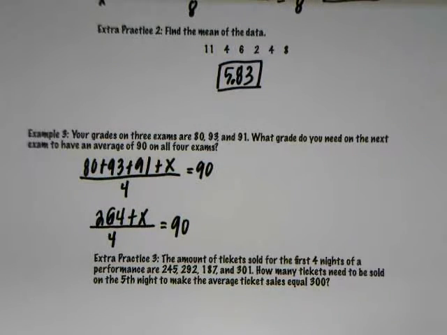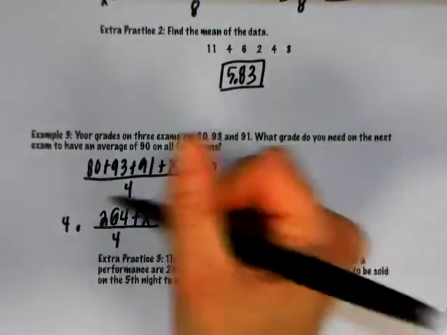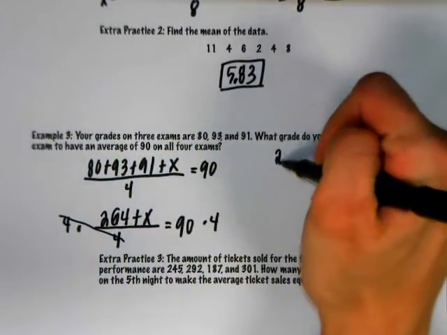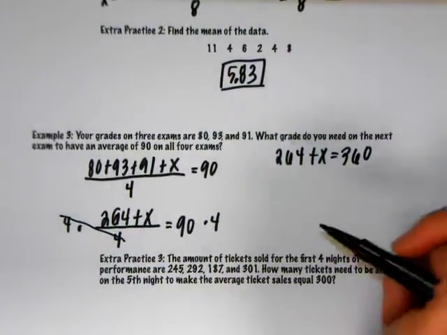Okay, then this is why we did the warm-up. So what do we do first? Yep, times 4. So 264 plus x equals 360. And then what?